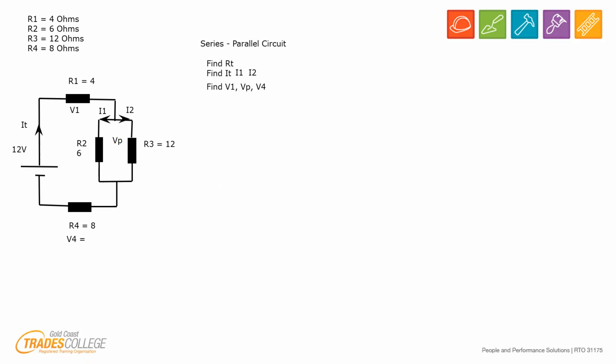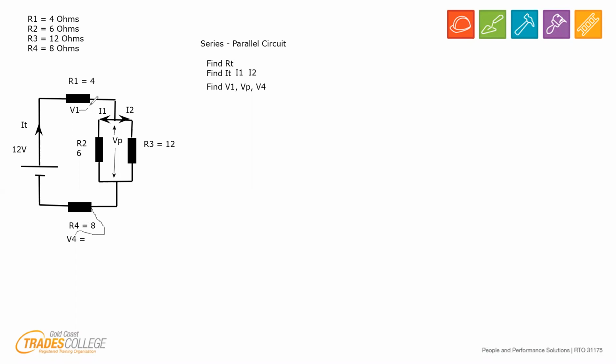All right, and if you make it easier. All right, it's a bit big. VP is, if I was to put a tester from there to there, there to there, it would be the same amount. All right. V4 would be across those two. Don't know if it's going to make it look harder, all right, but that's how we would measure V4.